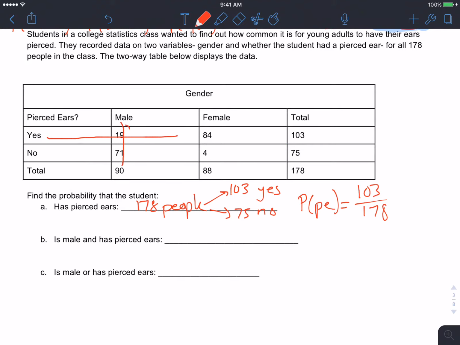So we're looking at this intersection because we want to see where the male has pierced ears, and that is a total of 19. 19 males with pierced ears. And there's a total of 178, so the answer would be 19 over 178.